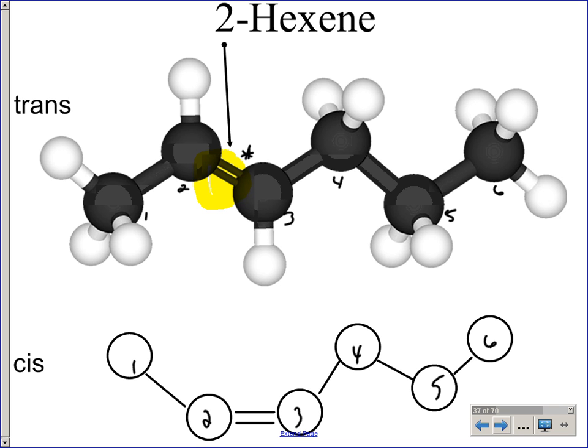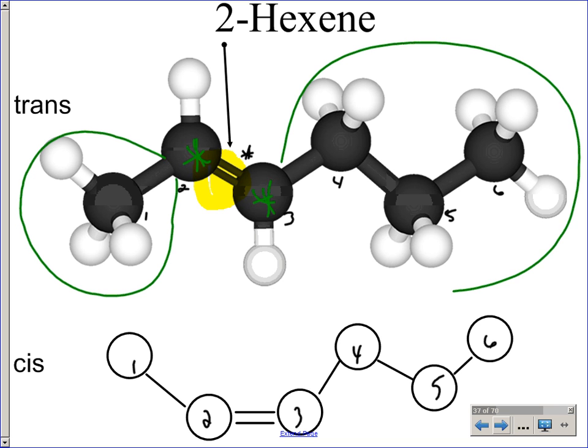Now, the reason these are different is because of the orientation of how they are around the double bond. If you look at these 2 carbons within the double bond, this continuation of the chain and this continuation of the chain actually lie opposite of each other.